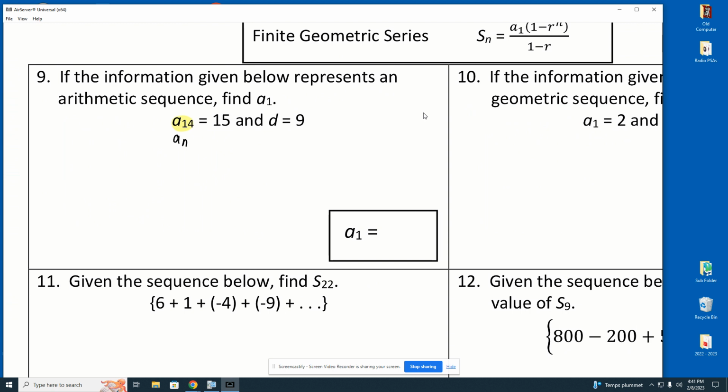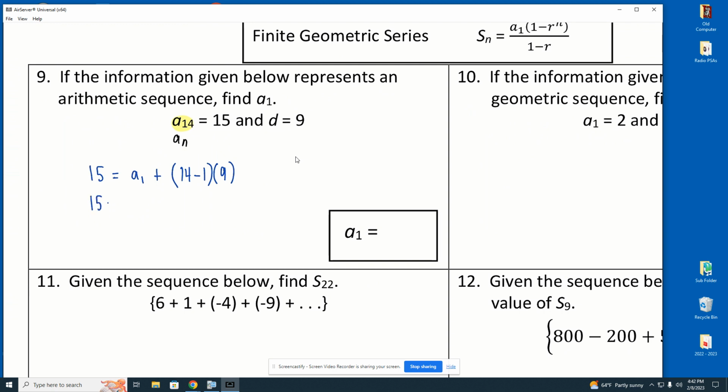I'm going to say a sub 15 equals a sub 1 plus n minus 1. Well, guys, what is n? If I'm plugging a sub 14 in for a sub n, what is n? 14 minus 1 times my common difference, 9. That's how I do this.